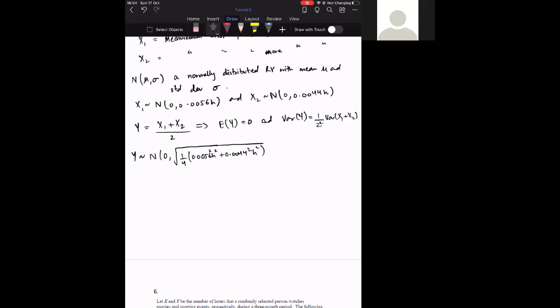Remember, these are being squared because they're the variances. Above, we defined sigma as the standard deviation. So 0.0056h was the standard deviation. And we can't just sum standard deviations. We have to sum variances and then convert them to standard deviation, which is why they themselves are being squared. And then there's a whole square root on the entire expression.